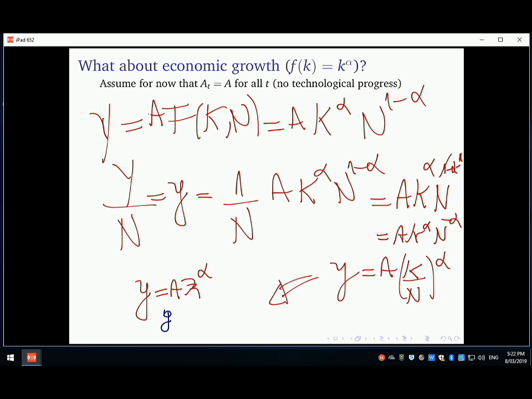That the growth rate of little y is approximately the growth rate of A plus alpha times the growth rate of little k. The way you obtain that is by using the tools you learned in tutorial, which is take logs, take first differences, and use the approximation that the log of 1 plus n is approximately equal to n. So this is what you should have done in tutorials.